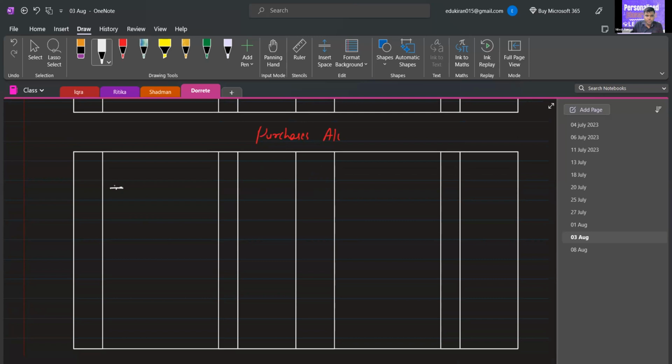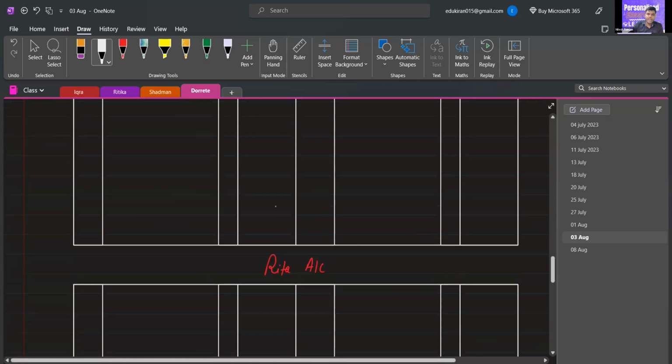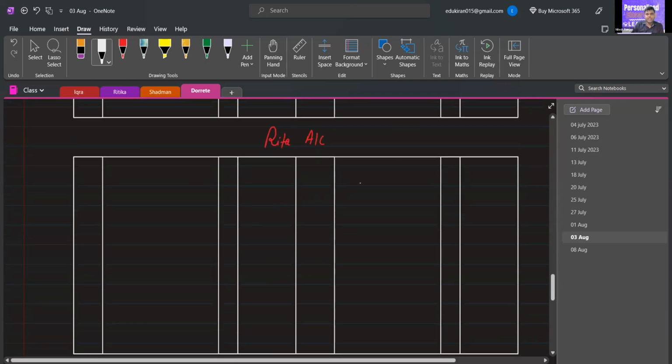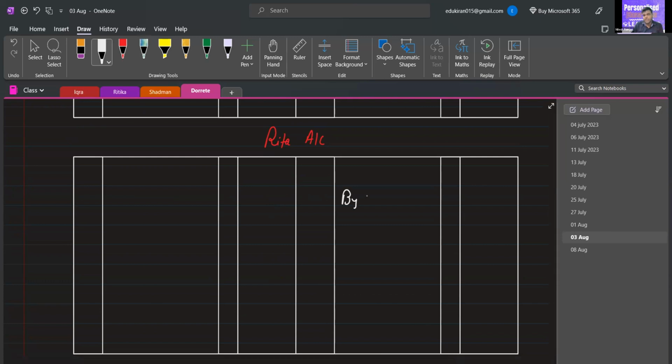So to Rita. It is 20,000. And in Rita account, Rita is on the credit side of the journal entry. So on the credit side of Rita account, we will write which account? By purchase. By purchase. 20,000.